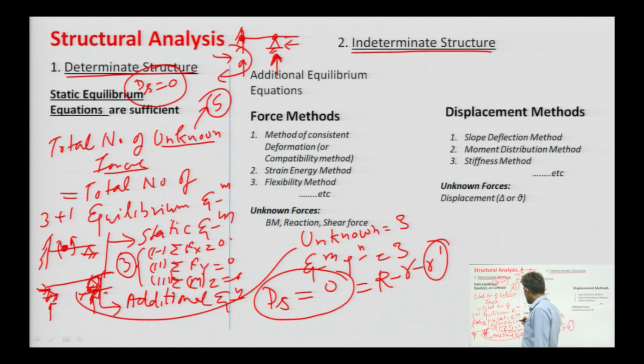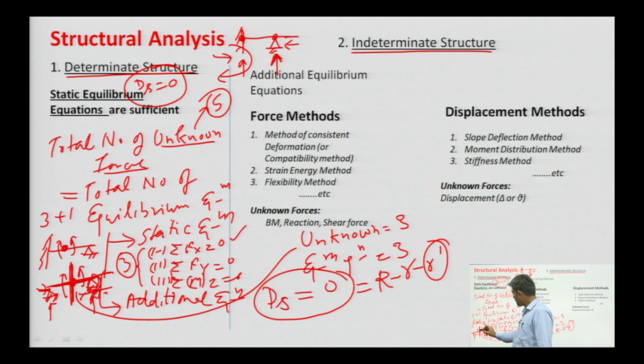Static equilibrium equations are sufficient to find everything. Every member force can be calculated. In this beam, support reactions at any point can be calculated very easily, and after calculation of the support reactions, the bending moment, shear force, and whatever forces are within this beam can also be calculated.